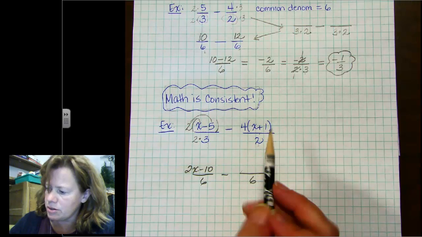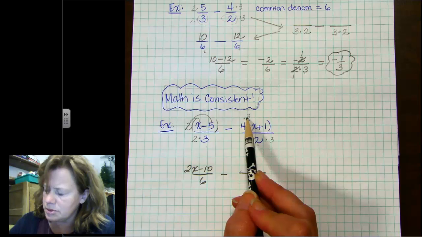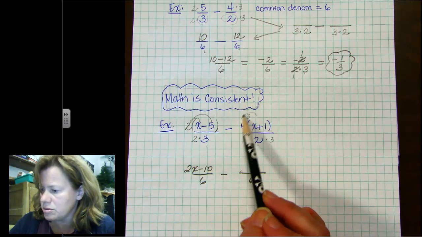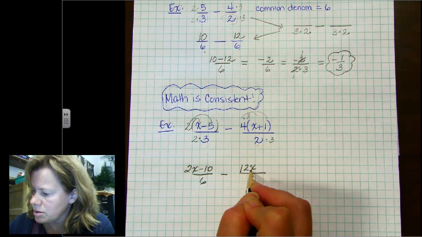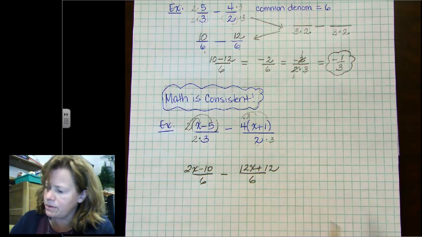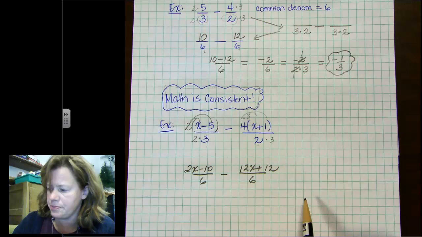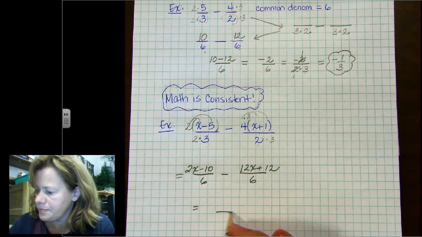Now with this one I'm missing a 3, so what I do to the bottom, I must do to the top. So this outside is really 12, and I need to multiply that through. And I'm left with 12x plus 12 over 6. Because 3 times 4 is 12. Distribute the whole thing through. Now that you have your common denominator, you keep it.